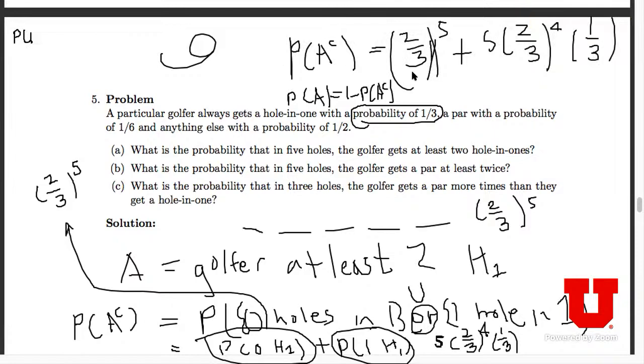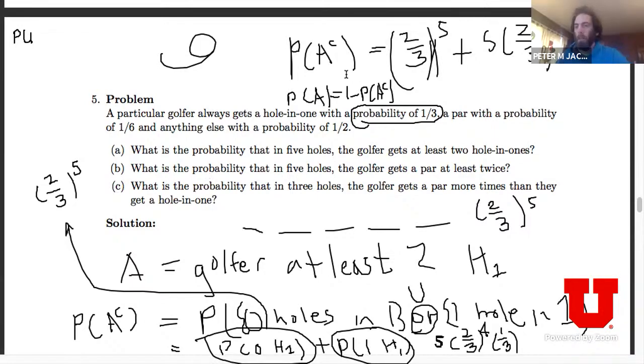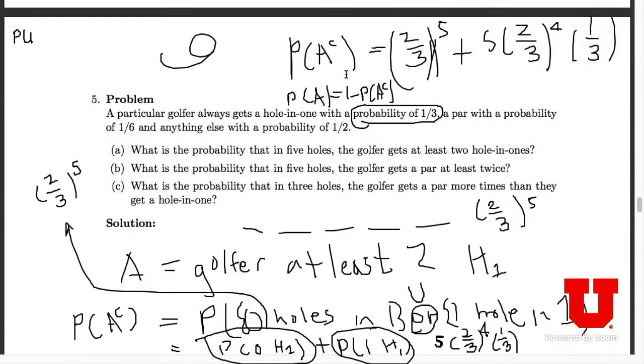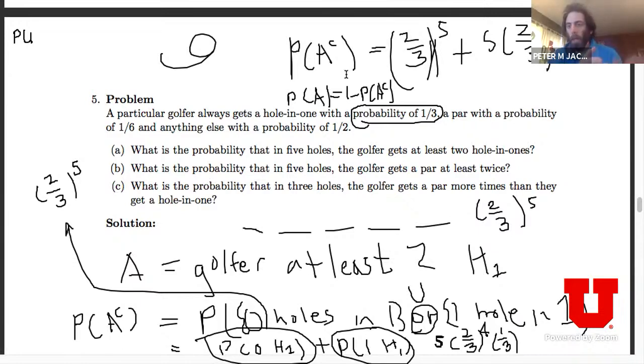Yes. Oh, is it because any of the 5 holes could be the 1 hole in 1? Yes, that's exactly right. So the 5 comes from the fact that we don't know which hole it was they got the hole in 1 on. For each one of those possibilities, let's say that they got the hole in 1 on the first hole, then we know they didn't get a hole in 1 on the other 4 holes.